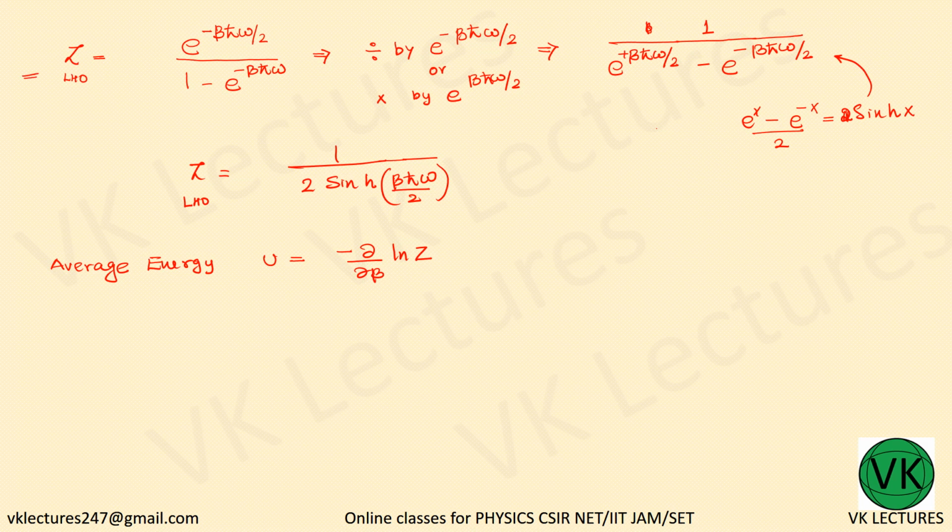So that's equal to minus dou by dou beta of log of e to the power minus beta h cross omega by 2 divided by 1 minus e to the power minus beta h cross omega.